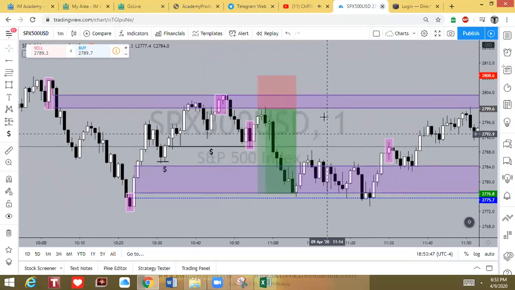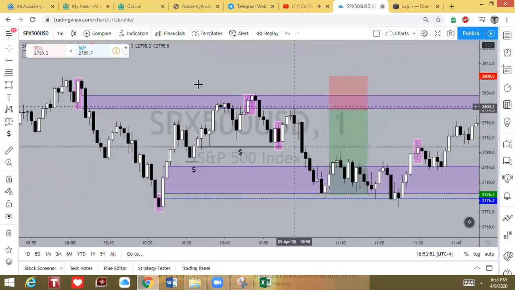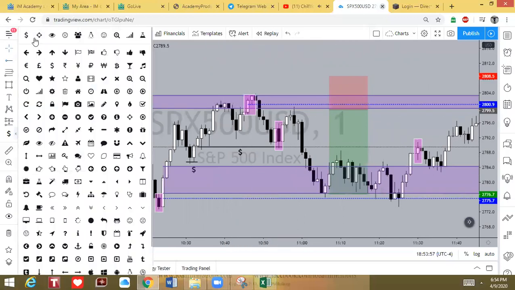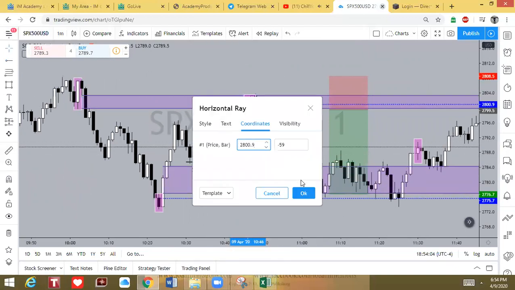And as you guys see, we were able to play pretty much these candles, and I was able to catch an entry right here. And now also look at the blue line. It's literally a whole level of 2,800.